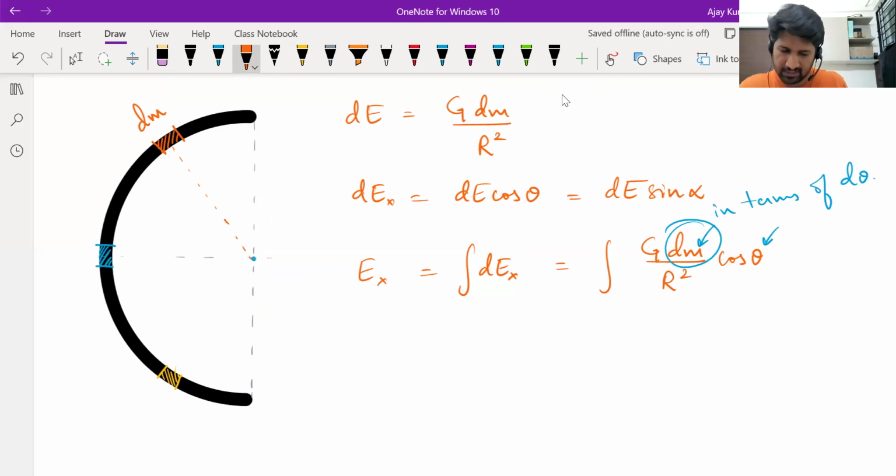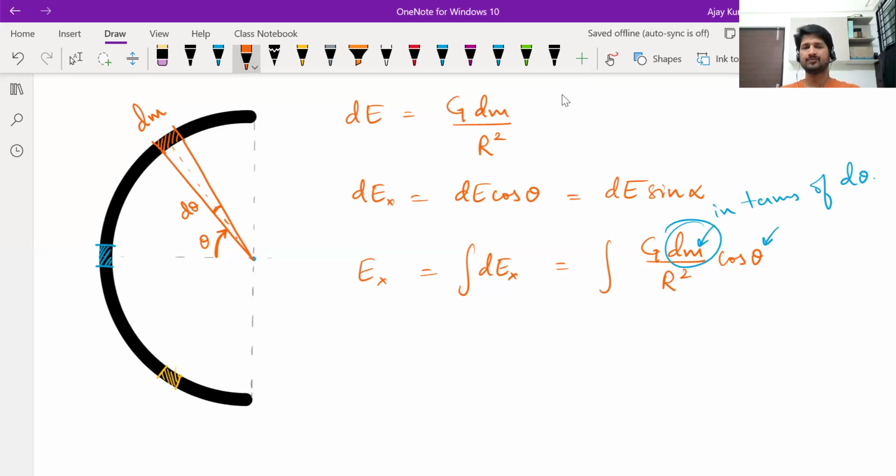If you connect the ends of the element to the center of the ring or semicircular ring, it will be subtending a small angle. This small angle is d theta. This angle with x-axis is theta, and the angle subtended by that element is d theta. How to express mass of the element in terms of angle subtended by the element?